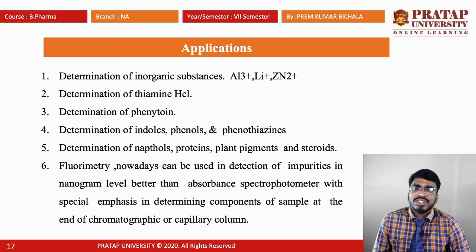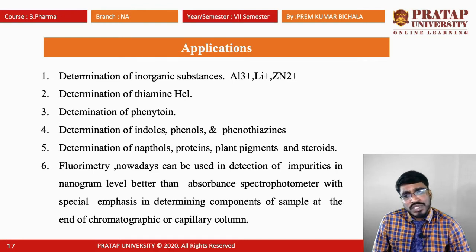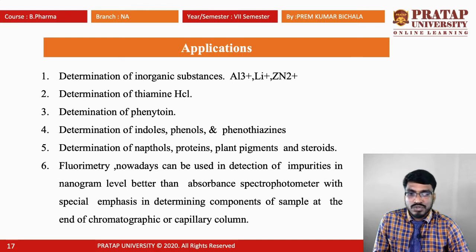Nowadays, fluorimetry can be used in the detection of impurities at nanogram level, better than absorbance spectrophotometers, with special emphasis on determining components of a sample at the end of a chromatographic or capillary column.